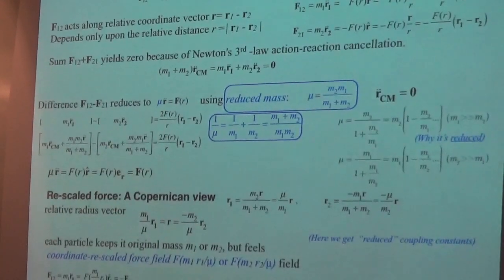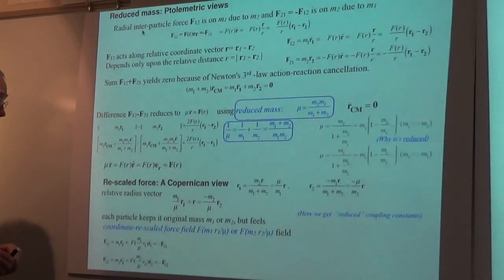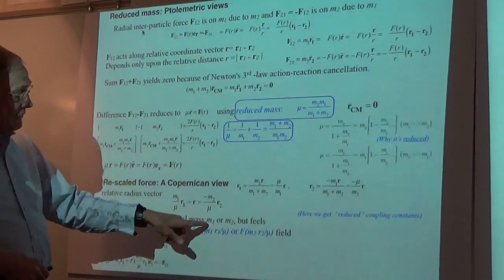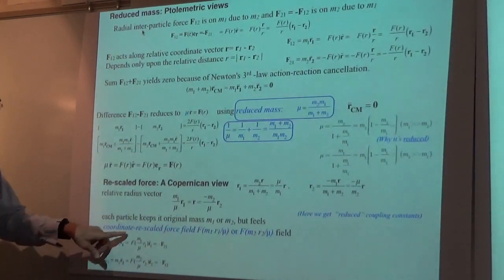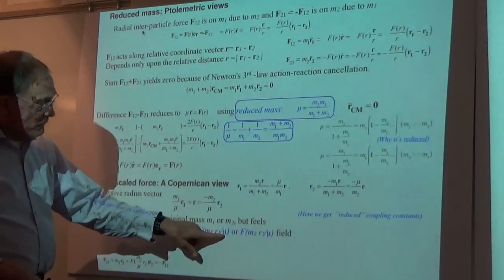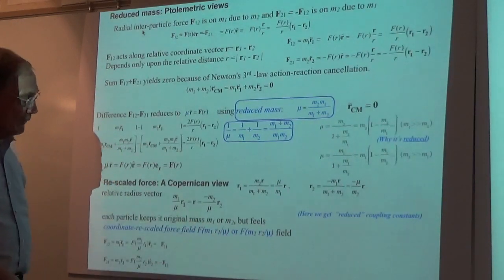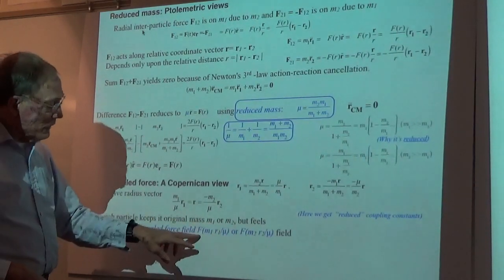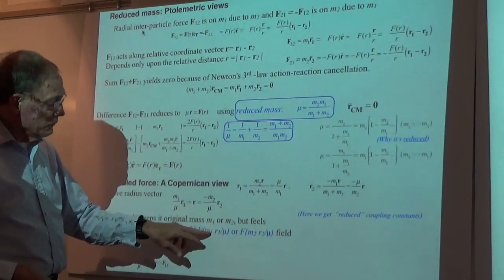Now, the Copernican view, that's this thing down here, is to say each particle keeps its original mass, but it feels a coordinate rescaled force field, whatever function of r that you're using for the interaction between the two. Then you take that thing and you rescale it.